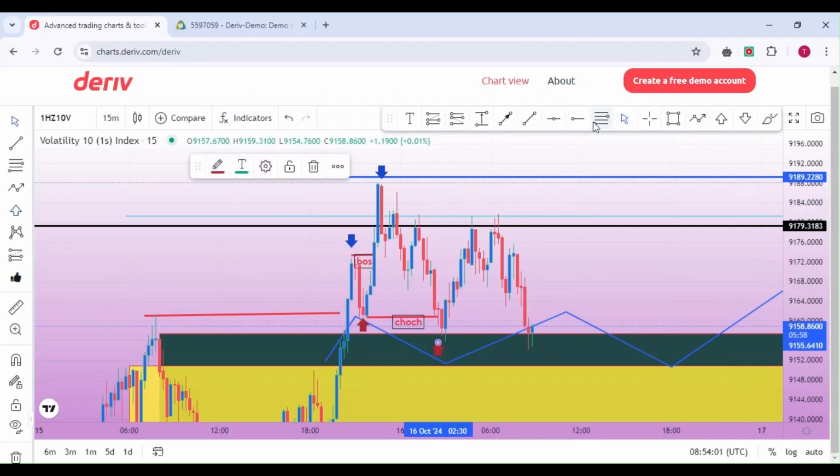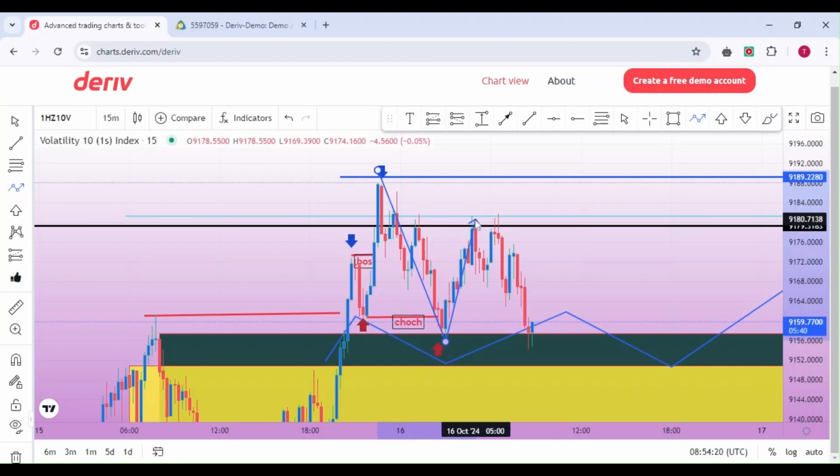And then how has the market moved? You can see the market has moved there, then broke the structure of that market which was in an uptrend, then it has moved up again. So after this becomes the point which we have to consider.